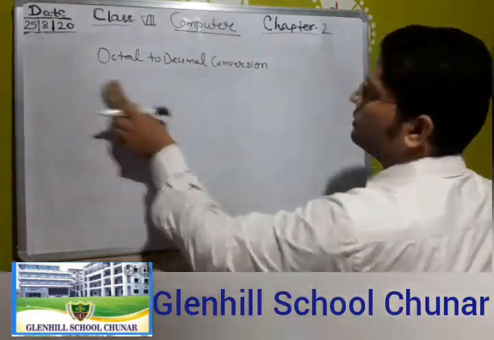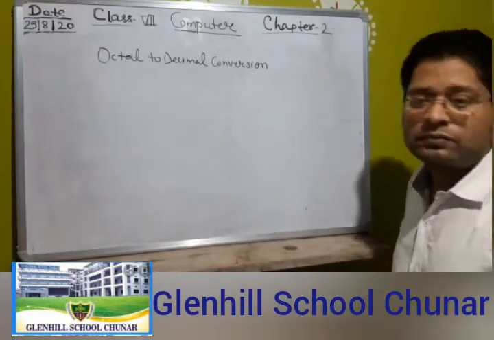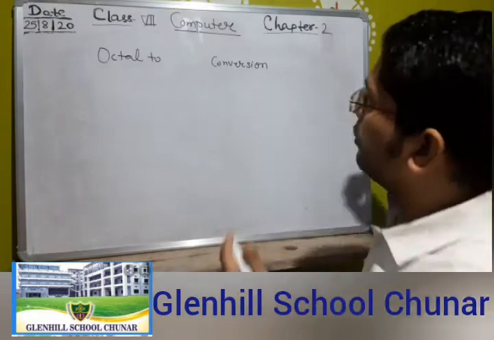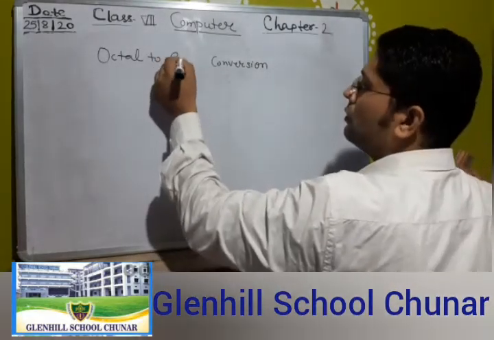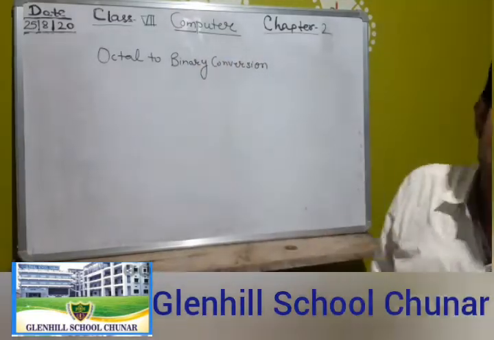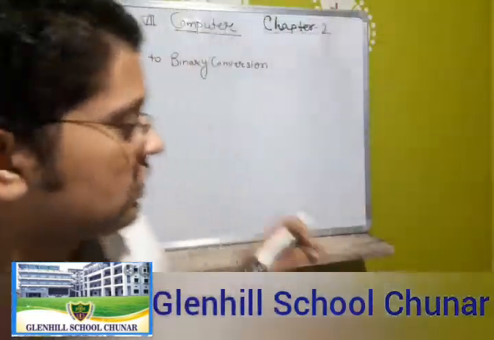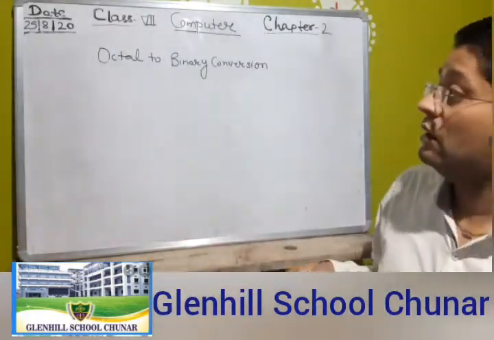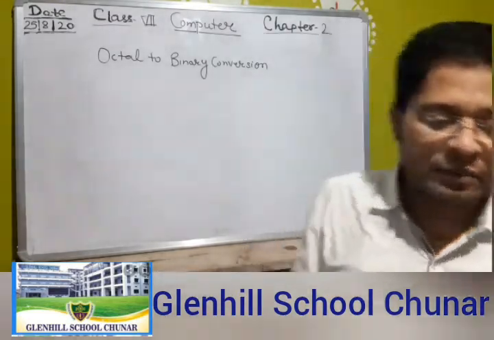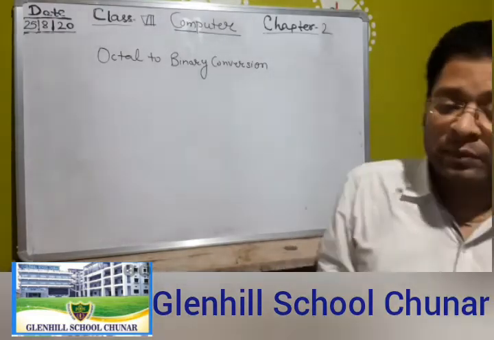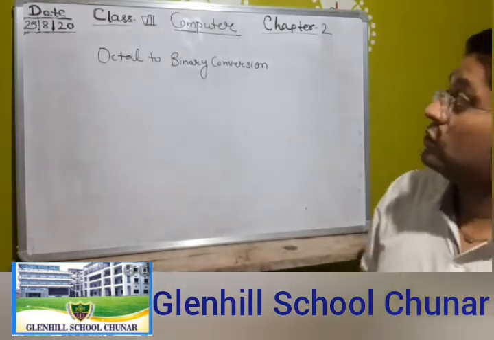Next, octal to binary number. To convert an octal number into its binary equivalent, each octal digit of the number is converted into its 3-bit binary equivalent.